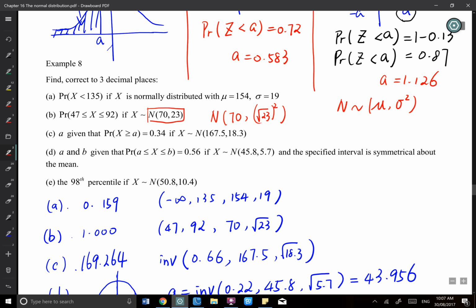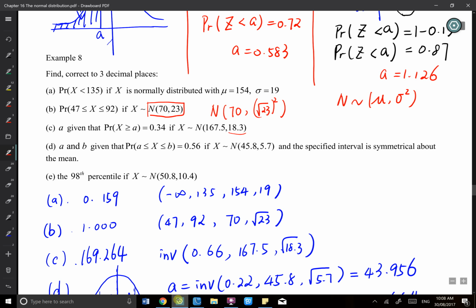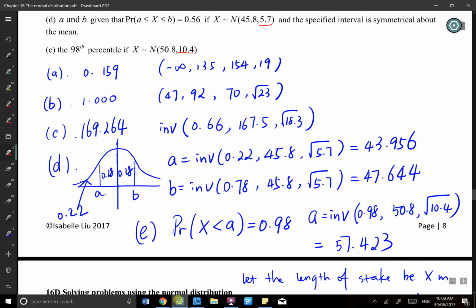So it's the variance. So 23 is not the standard deviation, instead, it is the variance. We need standard deviation all the time, so if you want standard deviation, you use root 23. Everything is the same for the others.